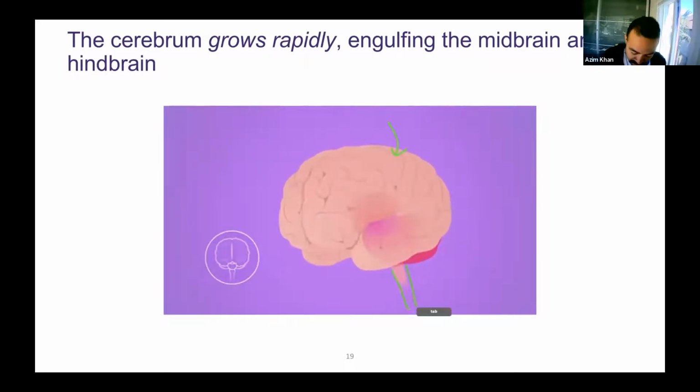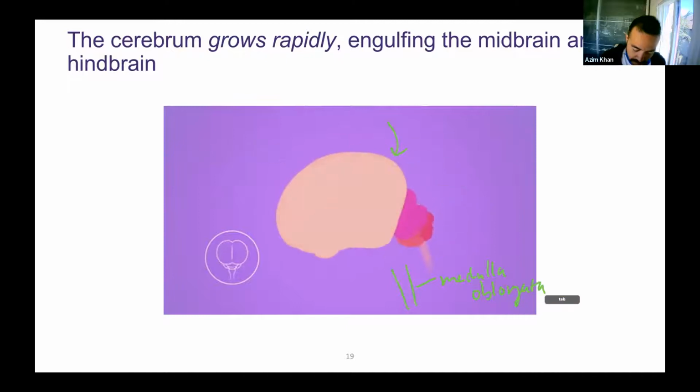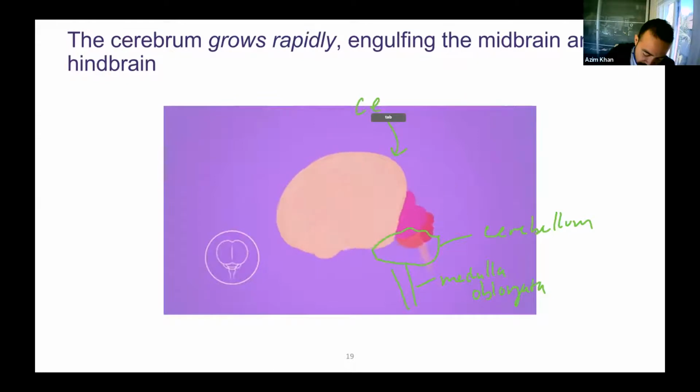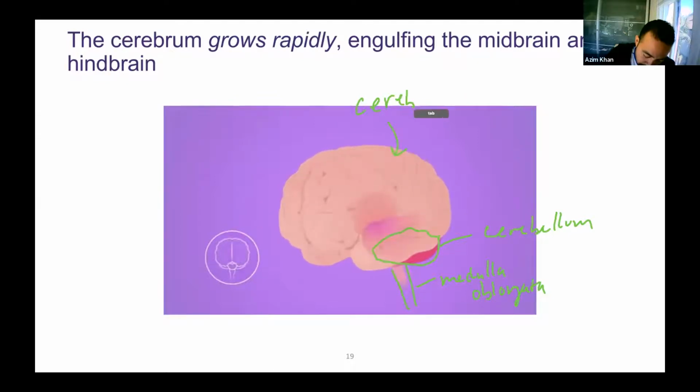And you can see the brainstem, the medulla oblongata down here. And the cerebellum is hiding right here. Most of what you see is the cerebrum. Diencephalon.